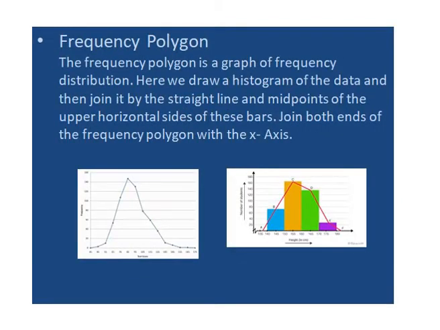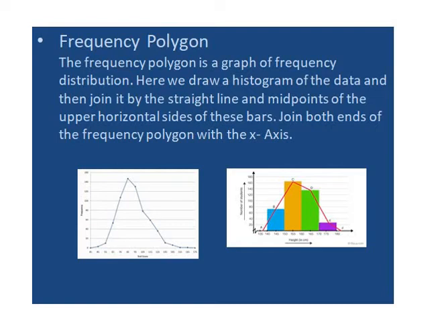Next we have the frequency polygon. It comes under bar chart, or it can be under line graph also. Here we plot data on the x-axis and y-axis. First we draw the rectangular bars, the middle of each bar is marked, and a line is joined through the middle of each period.